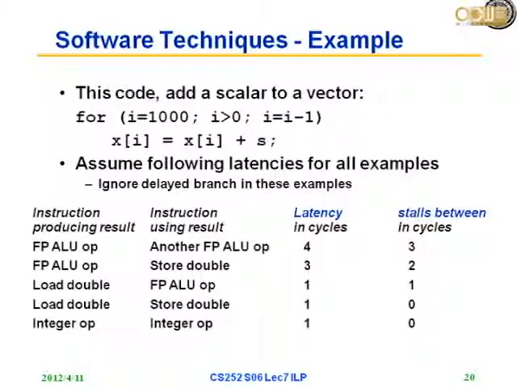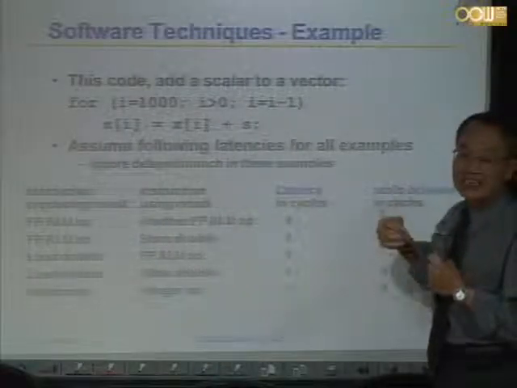Okay, so software technique example, we have these high-level statements. When you compile them into assembly code, you'll see not only the basic block is small, but also the data dependencies.